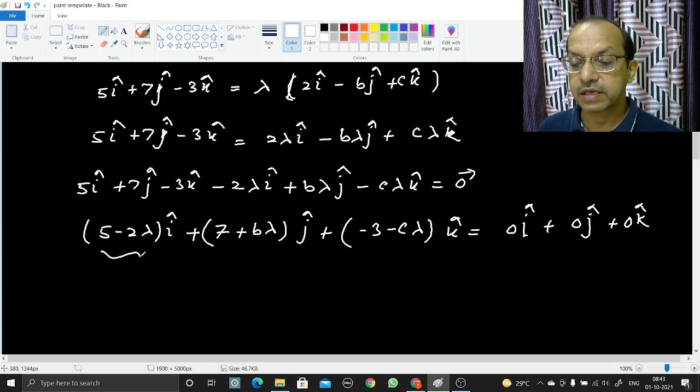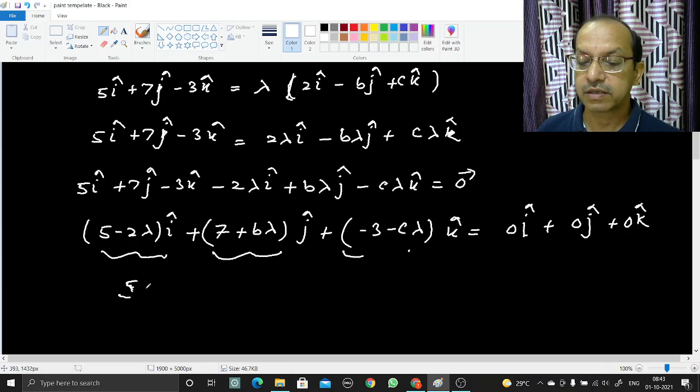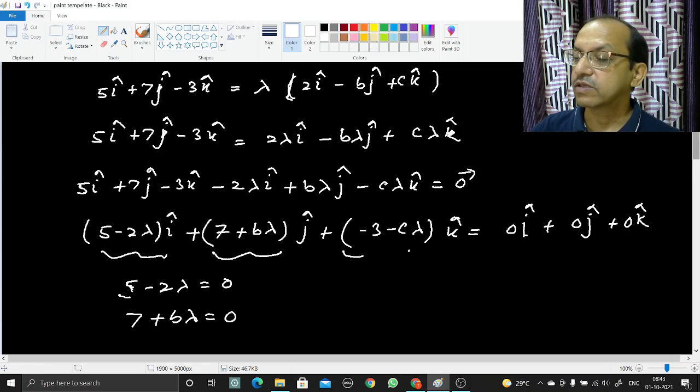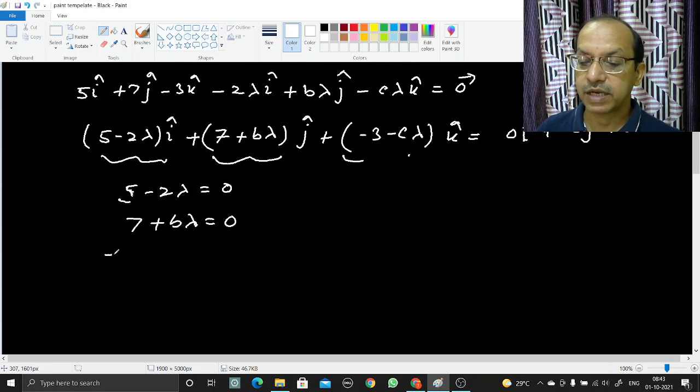Now we compare the components of i, j and k of both sides. Here it is 0, 0, 0. That means 5 minus 2 lambda will be equal to 0, 7 plus b lambda will also be 0, and minus 3 minus c lambda will also be 0.